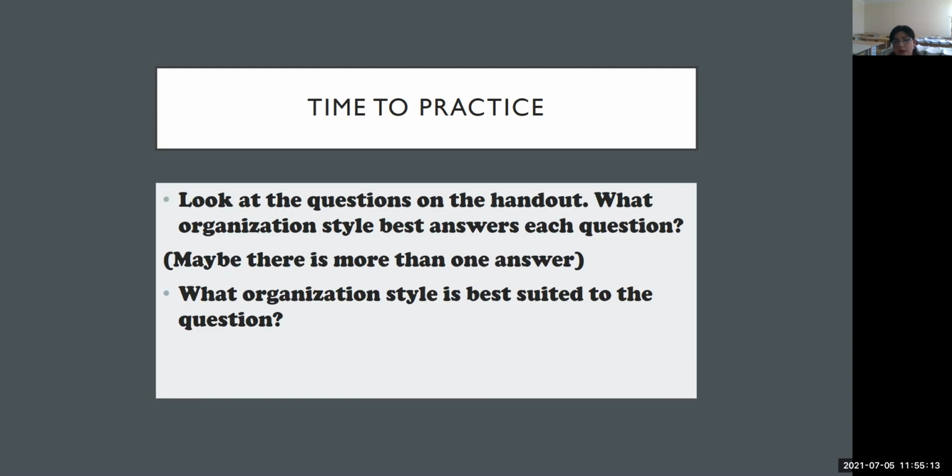Now please look at the questions on the handout. What organization style best answers each question? Maybe there is more than one answer. What organization style is best suited to the question? In your handouts, there are different questions and statements where you should choose organization strategies.